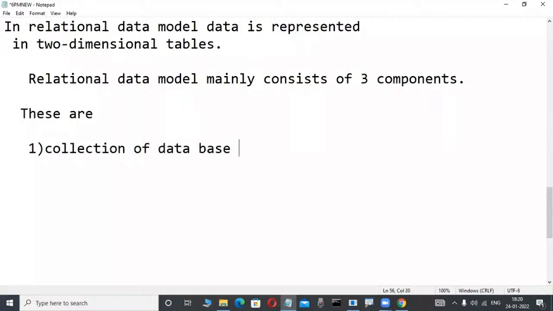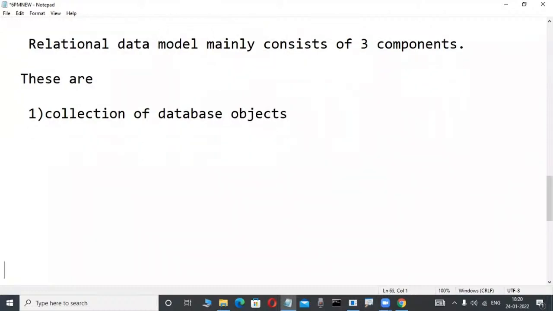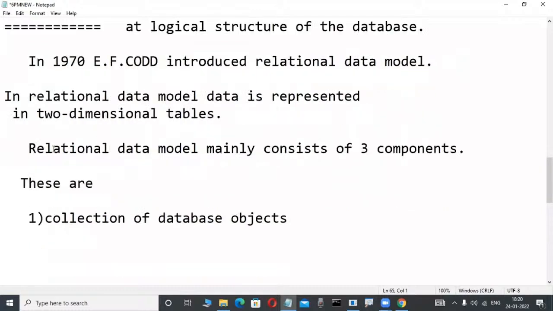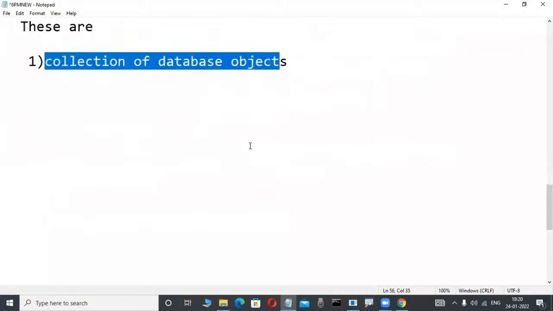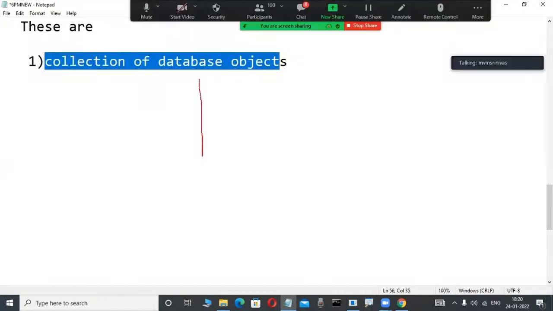In software like Oracle, SQL Server, and DB2, a collection of database objects is available. This is what we learn daily. Relational data model mainly consists of three components, and the first one is the collection of database objects.